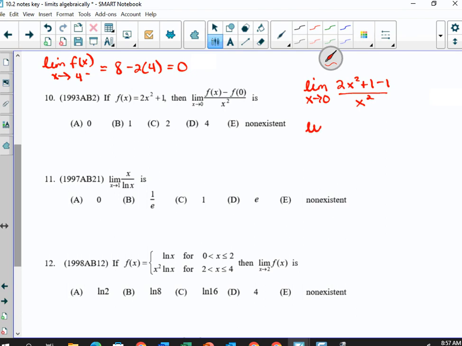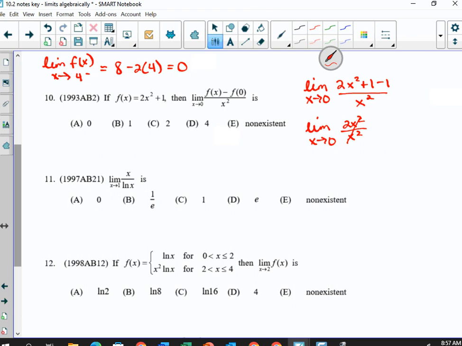Okay, so simplify. What's left in the numerator? 2x squared over x squared. We see the x squareds cancel. Okay. So I'm left with just 2. So, is there anywhere to plug the 0 in?